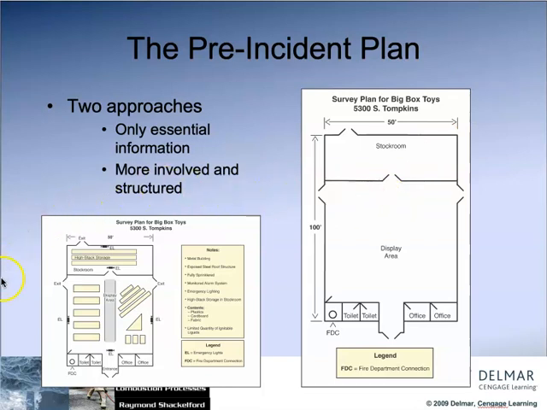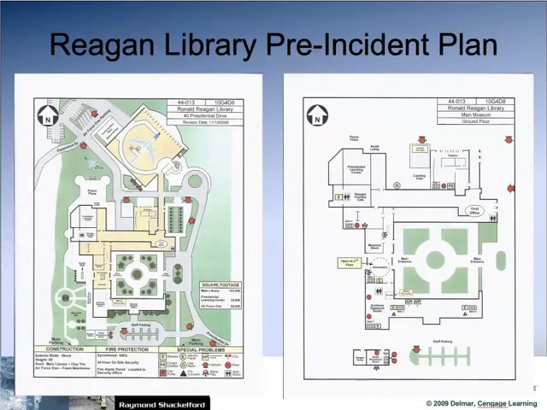But many places we're going to come up with a much more detailed plan, like this one on the left. I have an even better example here. A student from Oxnard College went on a pre-plan of the Reagan Library and passed on to me some of these pages from that pre-plan for Ventura County Fire Department in Simi.